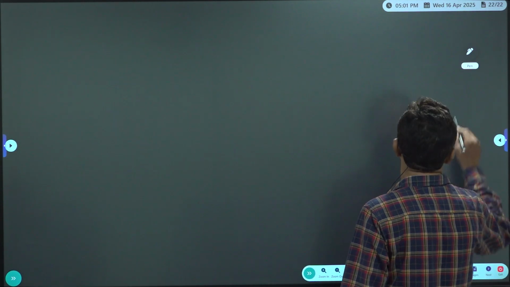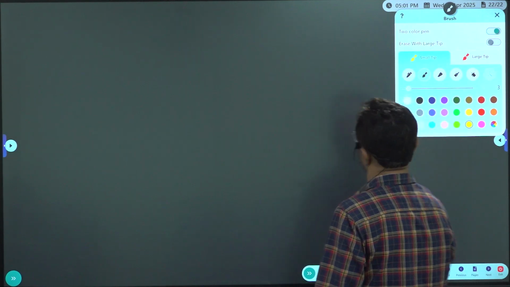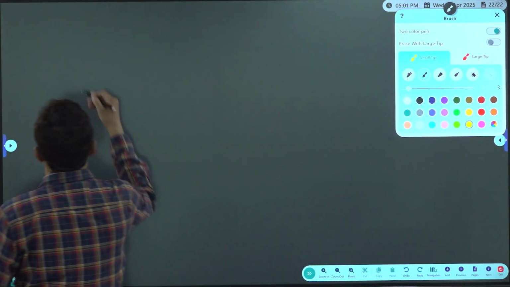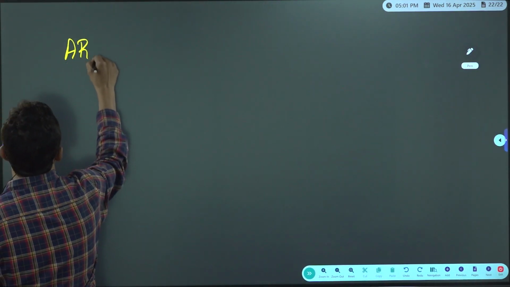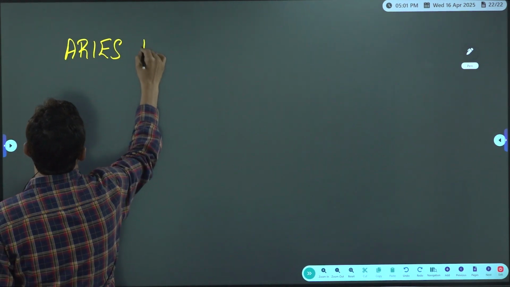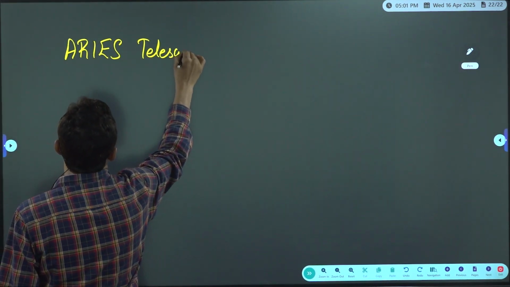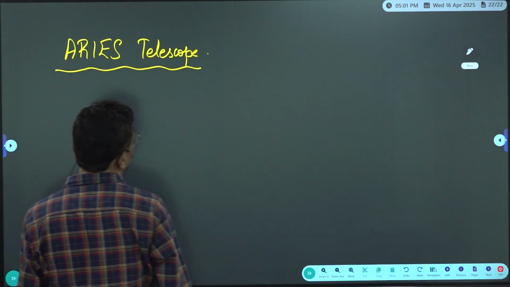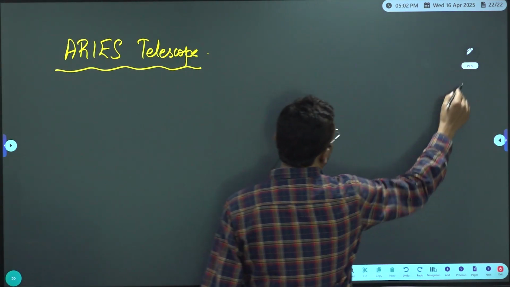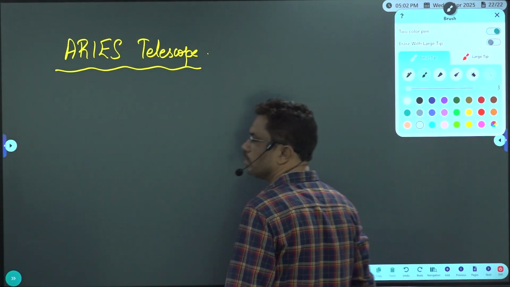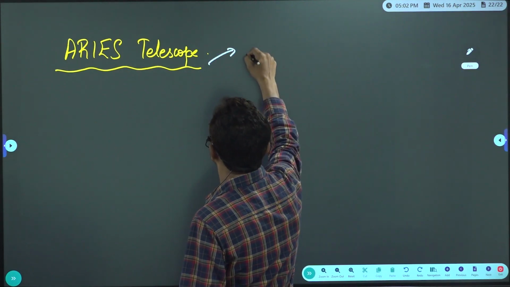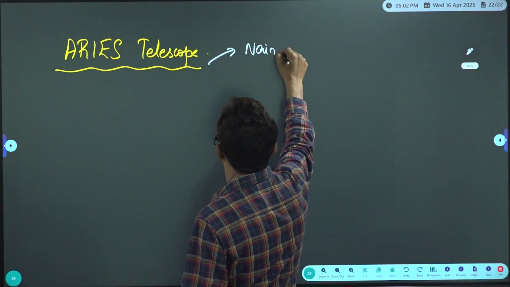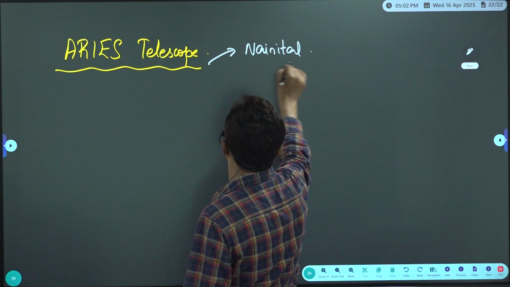The other one is the ARIES telescope. It was launched at Nainital, Uttarakhand.